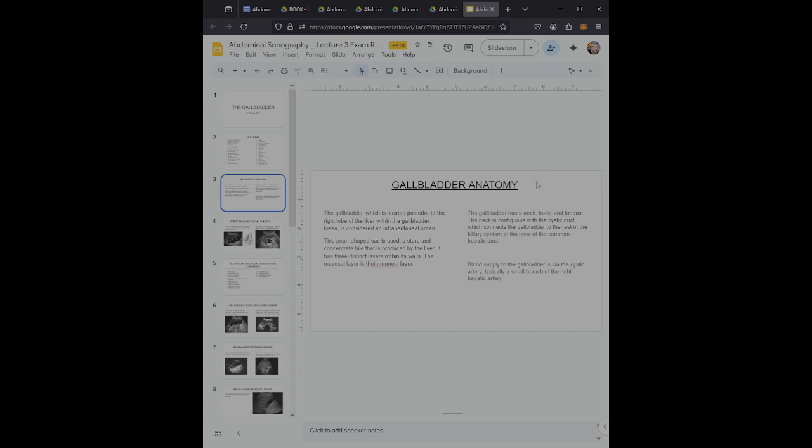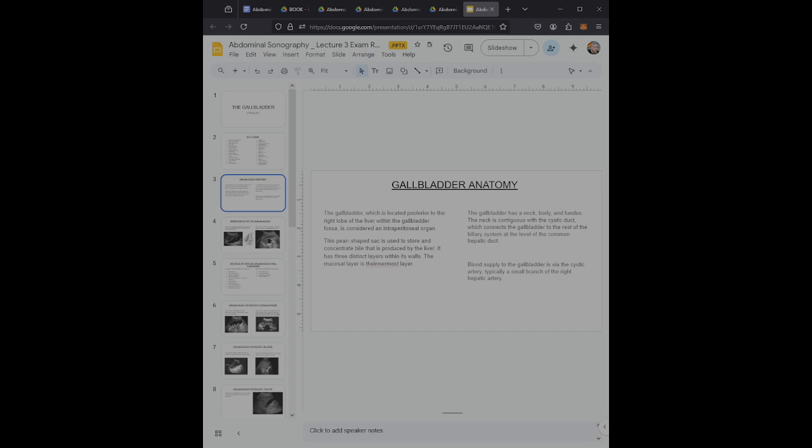One of the useful landmarks to locate the gallbladder fossa is the main lobar fissure. The gallbladder is pear-shaped, and it stores and concentrates bile that is produced by the liver.